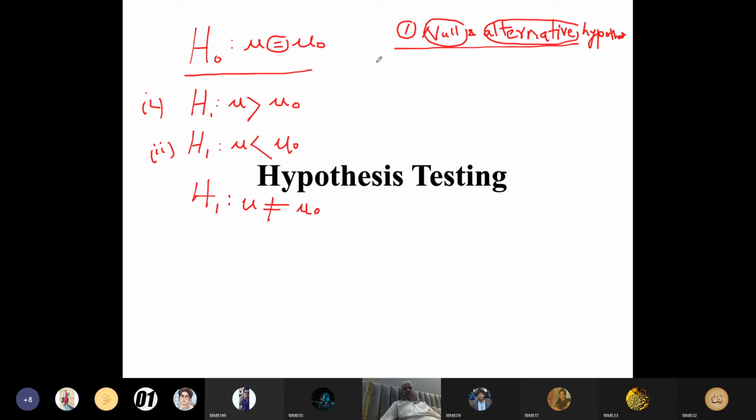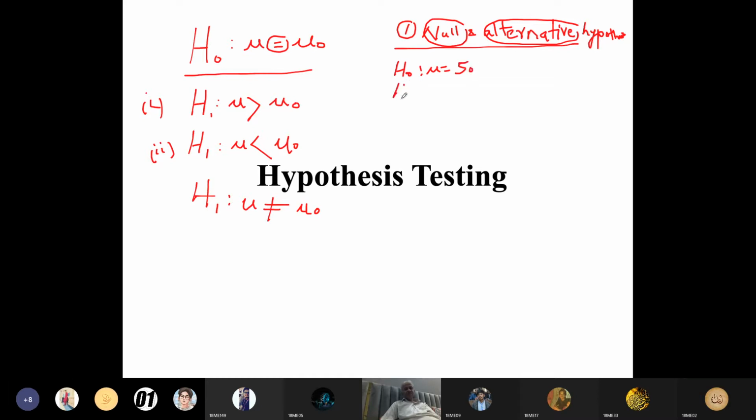So what we do, if you recall, we say that the average weight of cement bag is 50 kg. So it's simply a statement. That statement is written in the format of a null hypothesis, that the population covers the weight 50 kg. So we will be writing the 50 kg.